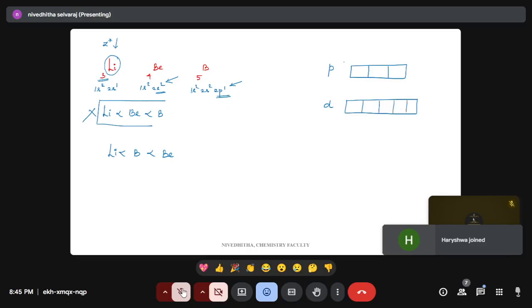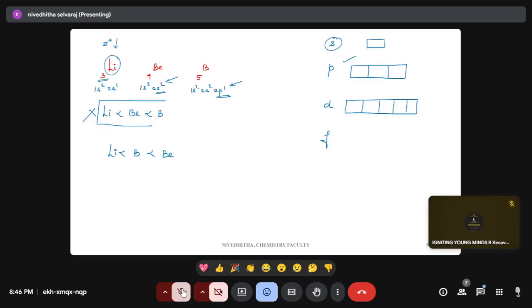Whenever you are filling these degenerate orbitals, exchange is possible, and a particular amount of energy is released, which is called exchange energy. But this is possible only when we have degenerate orbitals, as in p, d, and f subshells. As far as s subshell is concerned, we have only one orbital, so there is no exchange possible.